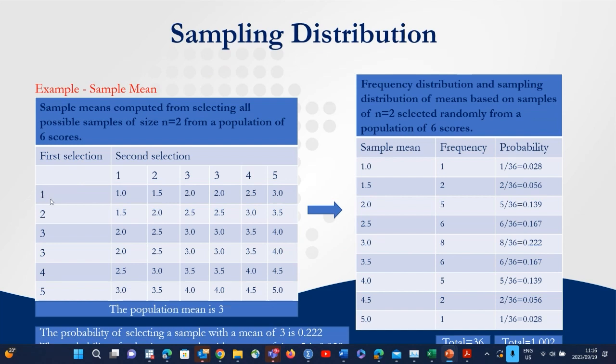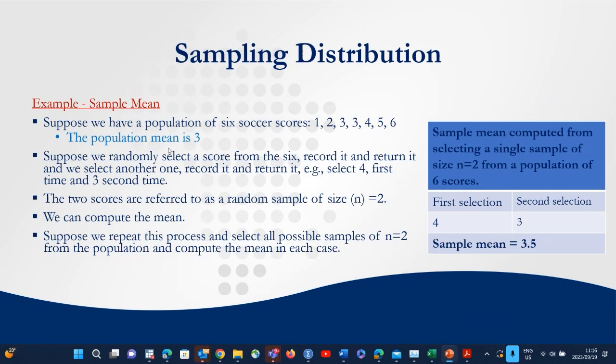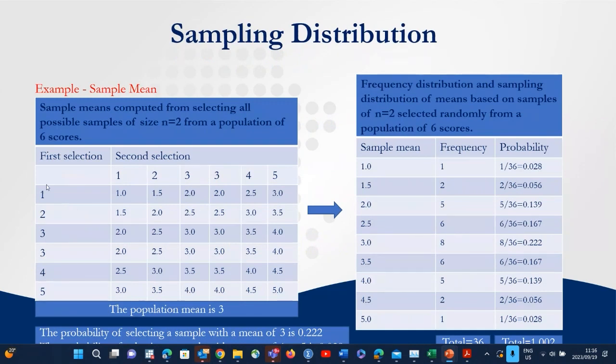First time when I select, if I use these numbers that I've put here, I think I took out 6. Yes, I took out 6 in the computation. So we have these ones. And I'm selecting 2. Each time I'm selecting 2.